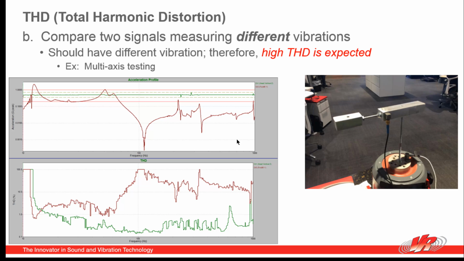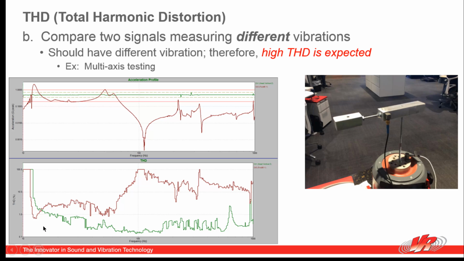And here I would expect high total harmonic distortion, because when I'm running the test, I'm, for the most part, not expecting motion in any other axis. So I'm not going to get similar signals. If this thing is vibrating in a certain way, I'm not expecting the other axes to have that same vibration, so I'm expecting total harmonic distortion to be different. Across the frequency range there is a difference between them, but there are places where they actually yield similar THD.